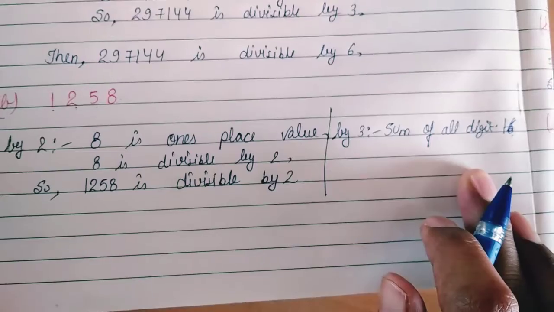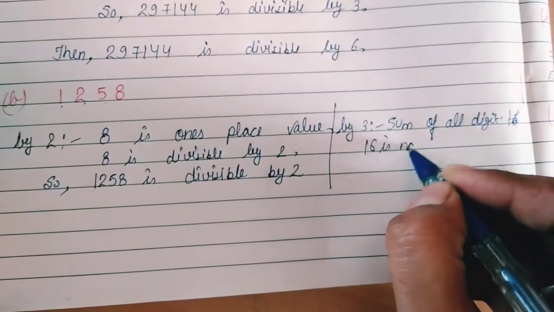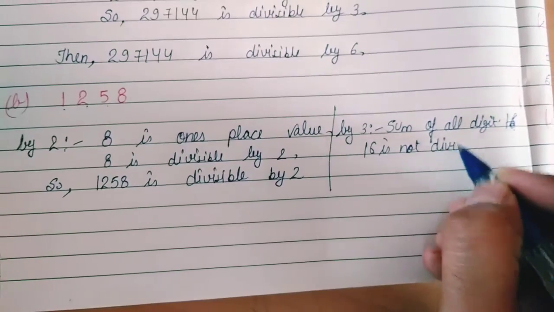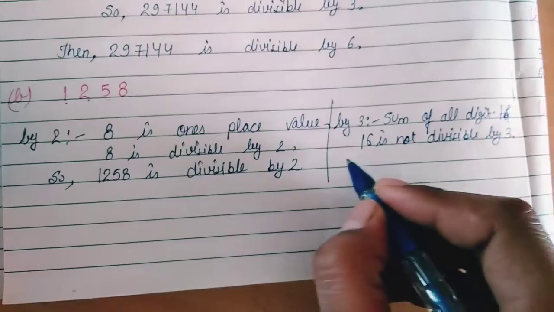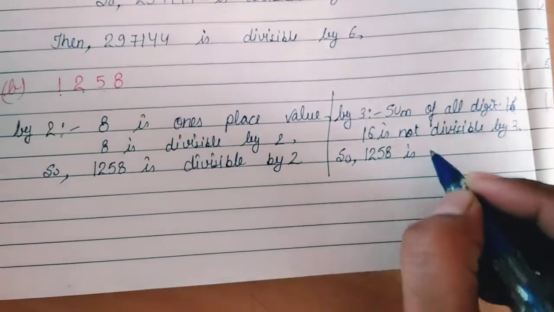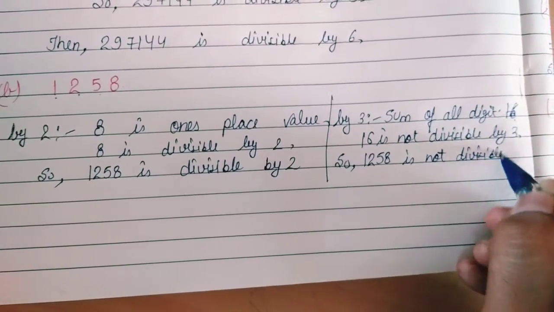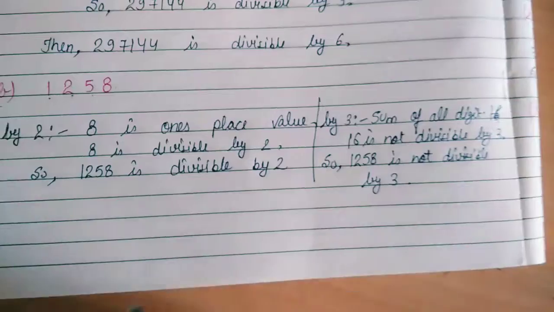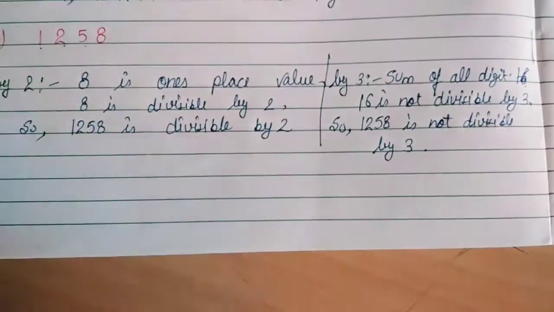The sum of all digits is 16. And 16 is not divisible by 3. Because of that we have to write here 1258 is not divisible by 3.